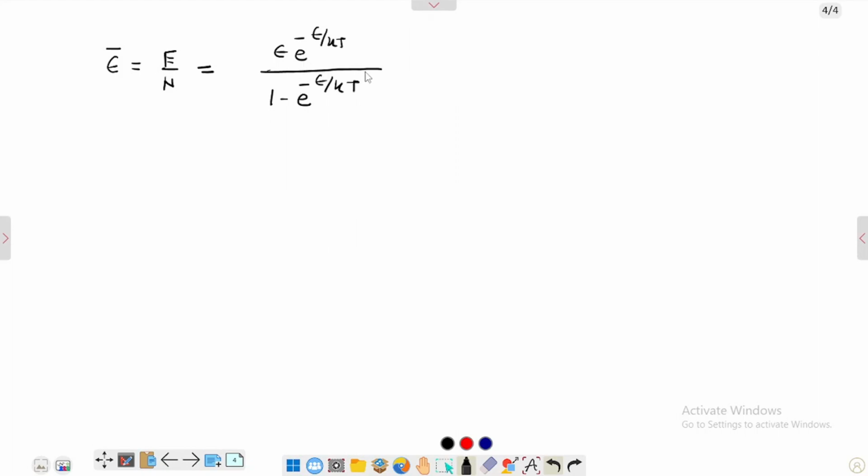Now if I divide numerator and denominator by e to the power minus epsilon by kt, I am only left with epsilon divided by e to the power epsilon by kt minus 1.